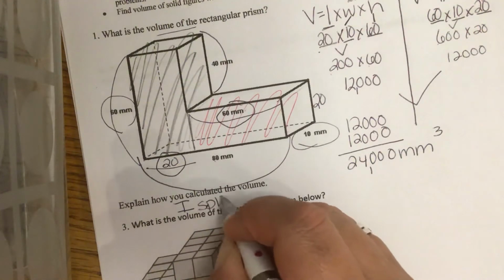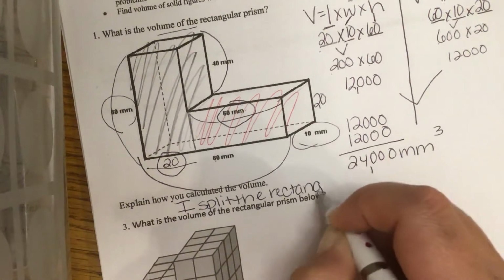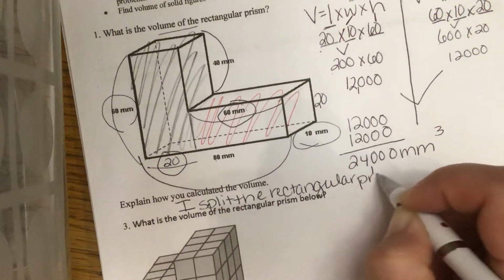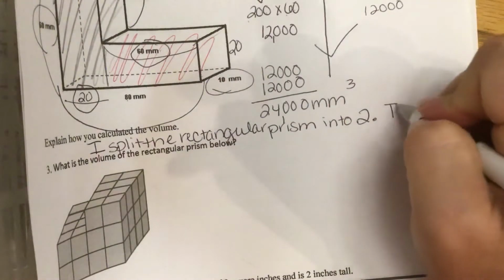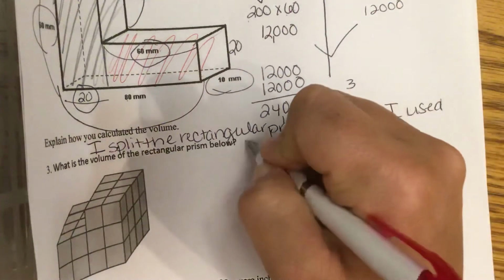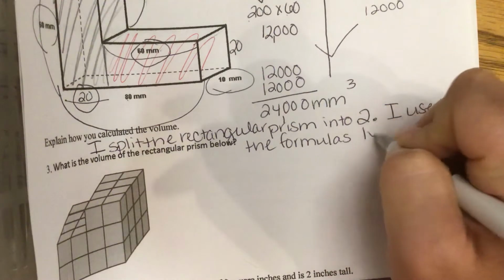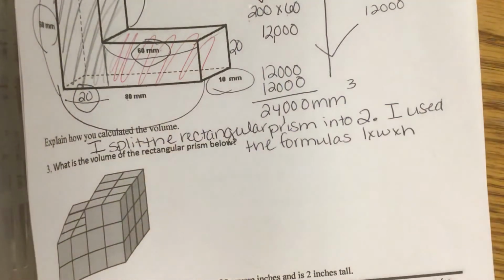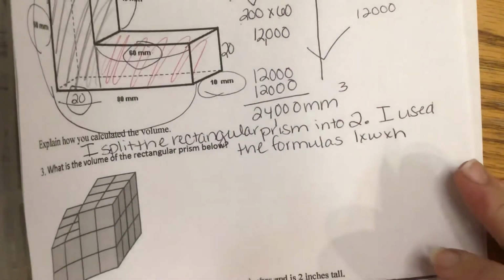So I split the rectangular prism into 2, right? I used the formula. I used the formula's length times width times height.